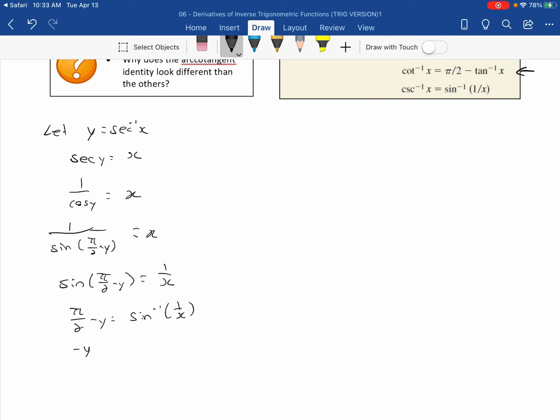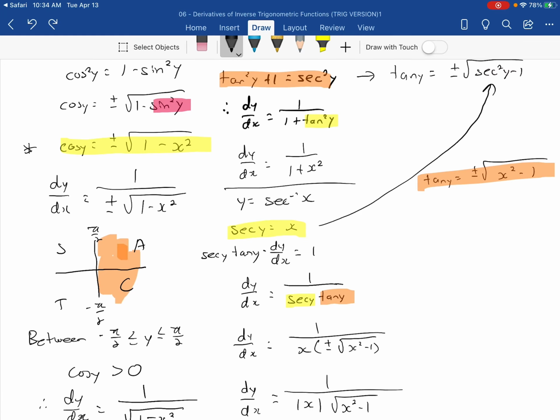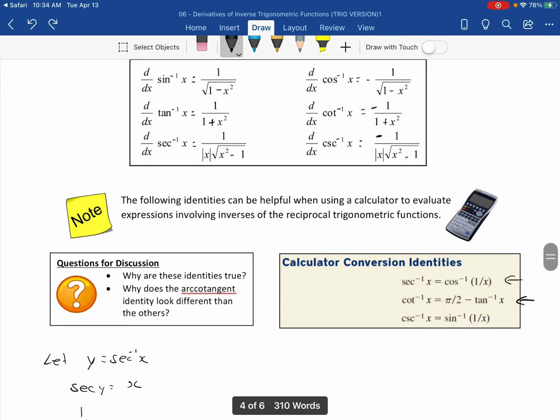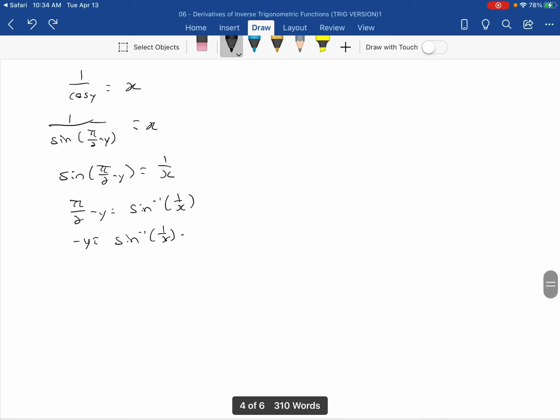So I get negative y equals sine inverse of 1 over x minus pi over 2. Multiply through by negative 1 like I did before. Oh, I got ahead of myself there.